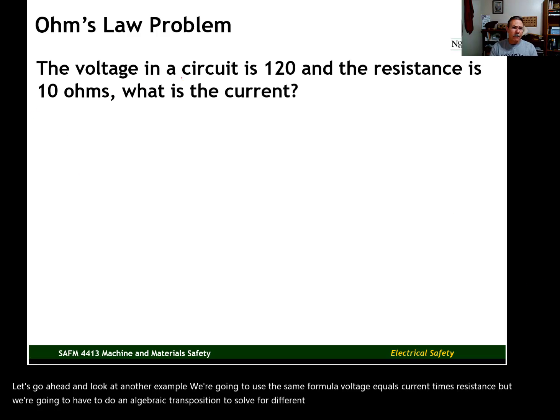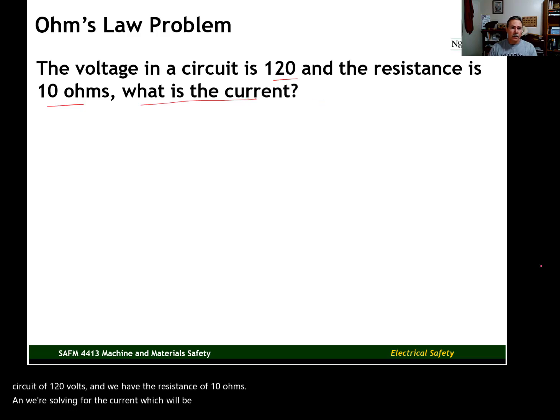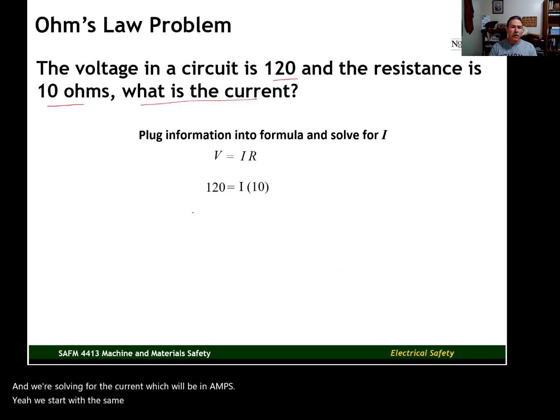In this problem, we have voltage in a circuit of 120 volts, and we have the resistance of 10 ohms. And we're solving for the current, which will be in amps. Again, we start with the same formula. We plug in our information. We plug in 120 for voltage. And we plug in 10 ohms for our resistance.